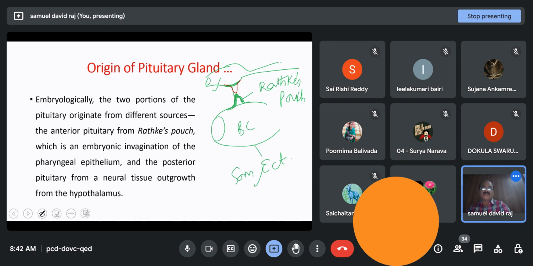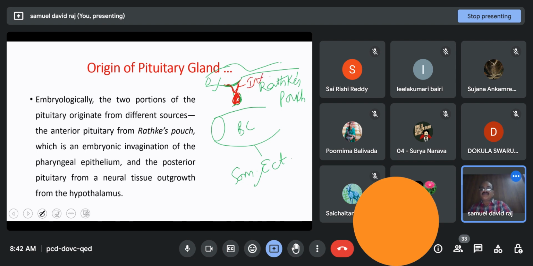Rathke's pouch gets separated from the roof of the buccal cavity, and now this becomes the pituitary gland. And the neural downgrowth, which comes in contact with the pituitary gland, becomes what we call the infundibulum.